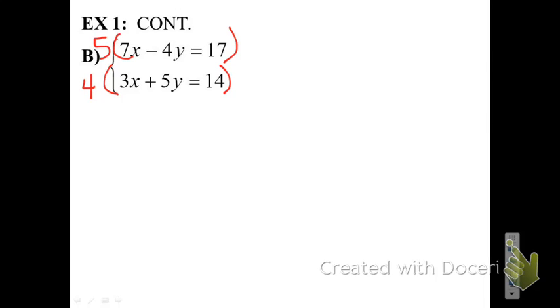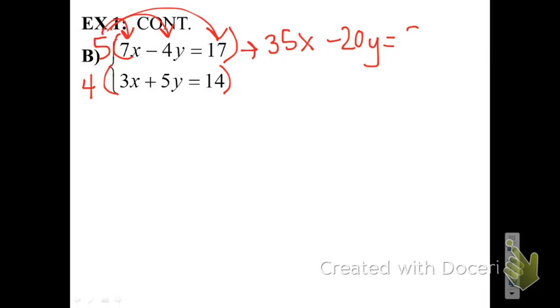So when we multiply that top one by 5, we get 35x minus 20y. Now, make sure that you take that 5 to all 3 terms. Equals 85.